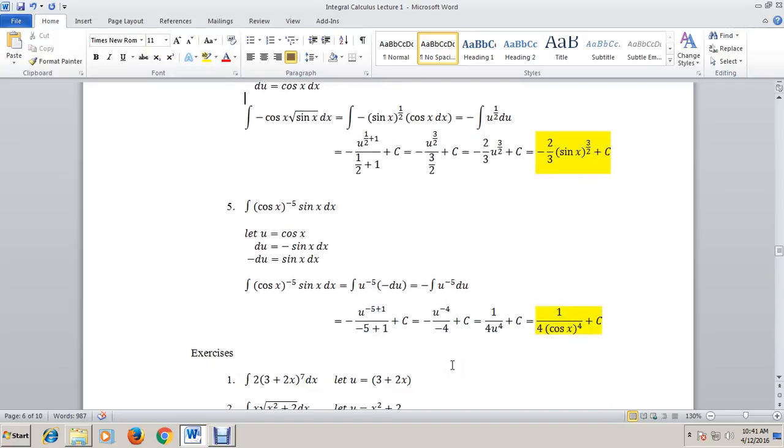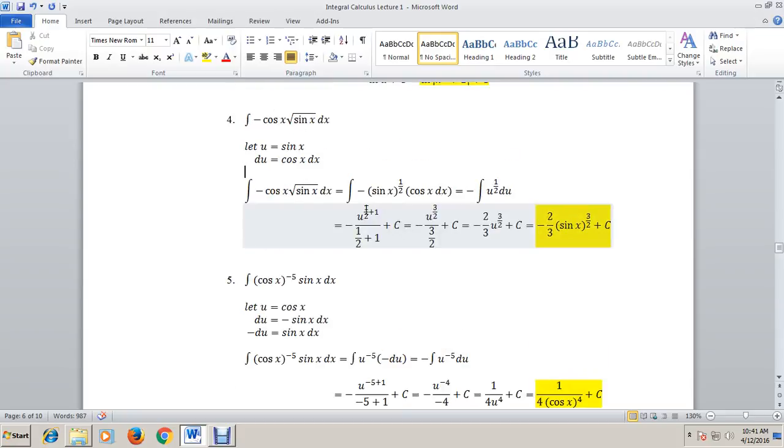Okay, so as a final example, we have the integral of cosine x raised to negative 5 times sine x dx. So again, based on what we have done in example number 4, which expression in your given integrand would you choose to represent as your u?